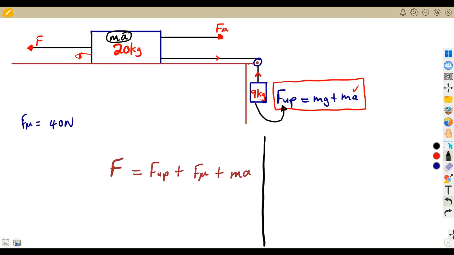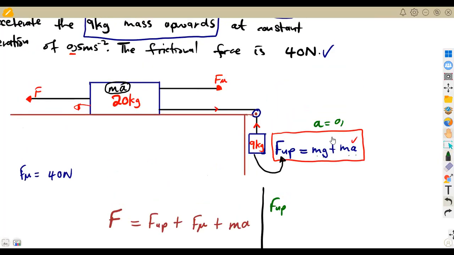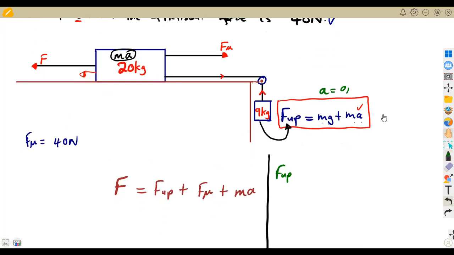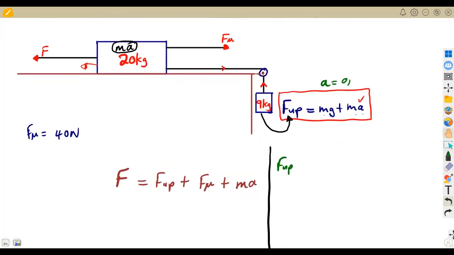So here we simply need F up, of which the formula for F up is mg plus ma, and we are told that the acceleration here is 0.5 meters per square second. So it's 0.5 meters per square second affecting this object.